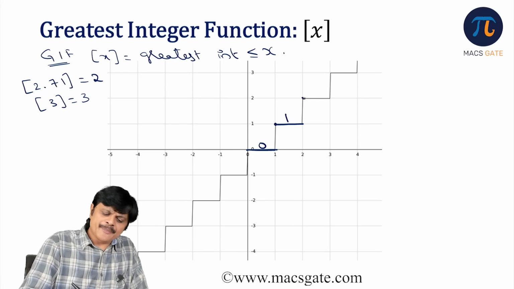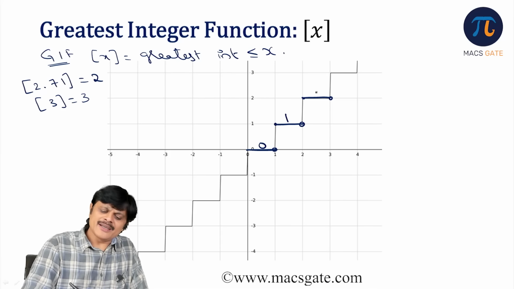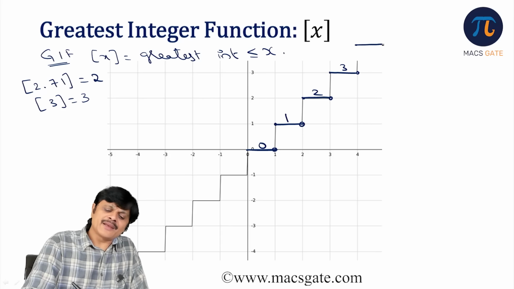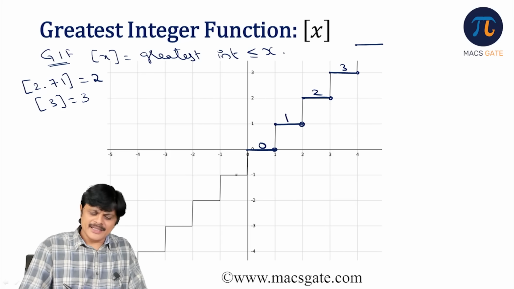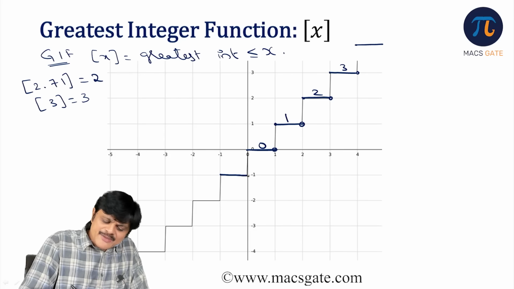From 2 to 3, 2 is included and up to 3, 3 is not there. So when it is not there, we put a circle like this. So it takes value 2. From 3 to 4, 3 is included, 4 is not included, so it is 3. At 4, it again becomes 4, up to 5, like that. And again from minus 1 to 0, it takes the value minus 1.